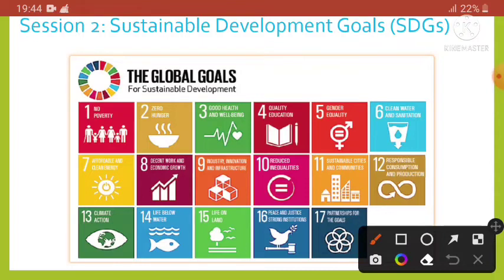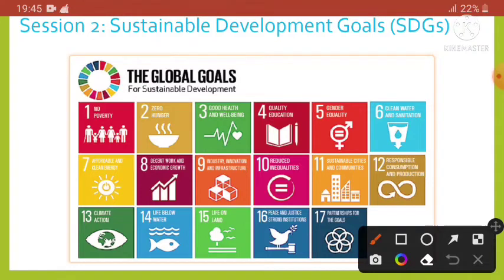The SDGs have been adopted by 193 member countries of the United Nations. Its aim is achieving a more sustainable future for all, addressing global challenges like poverty, inequality, climate change, environmental degradation, prosperity, peace and justice. We need action by all countries, poor, rich and middle income, to promote welfare while protecting the planet.